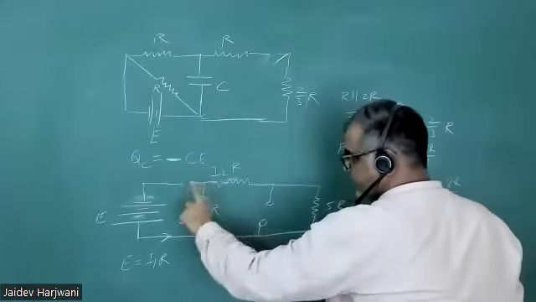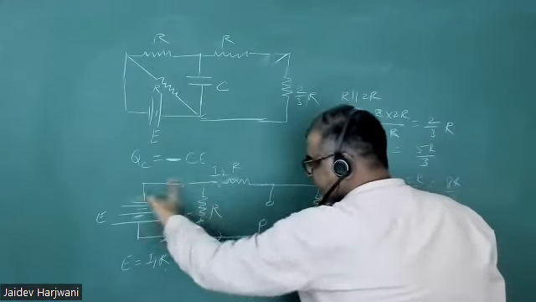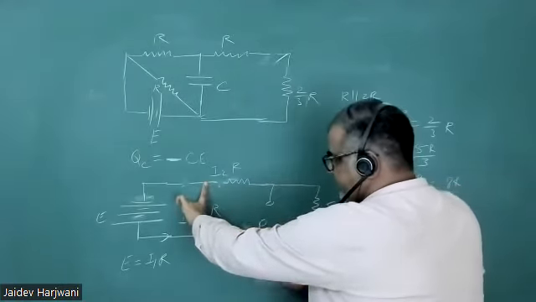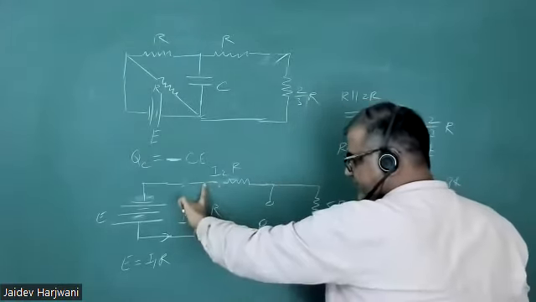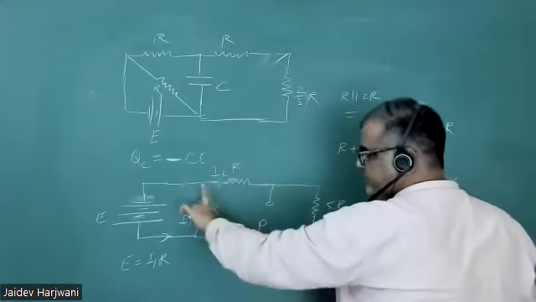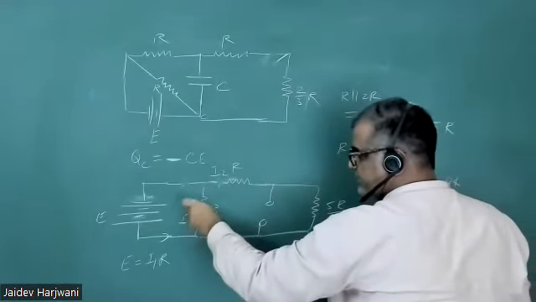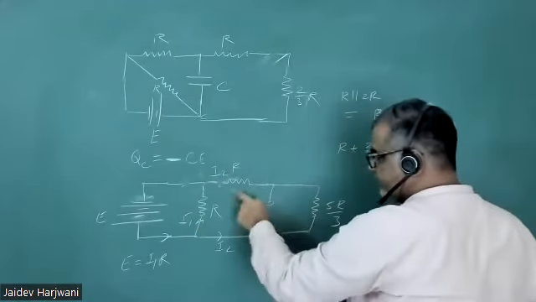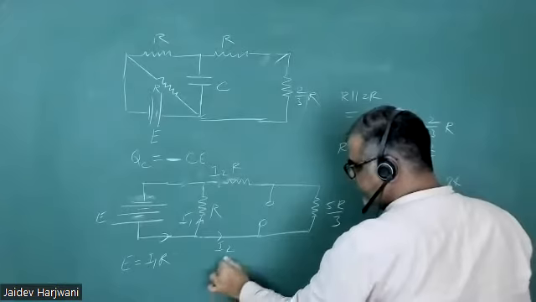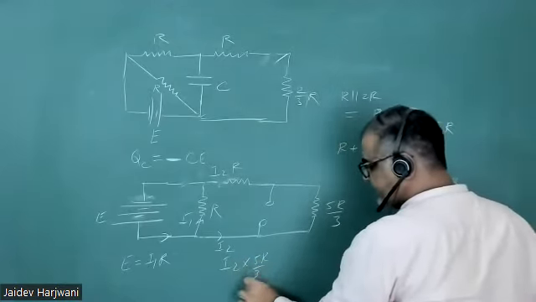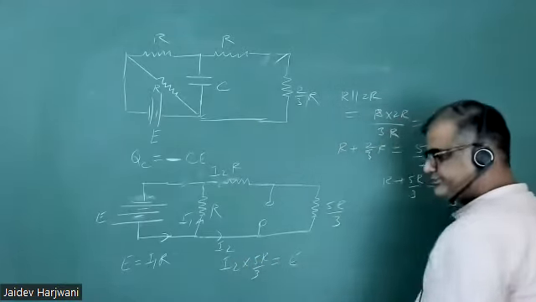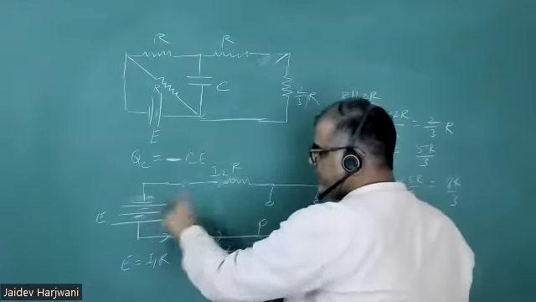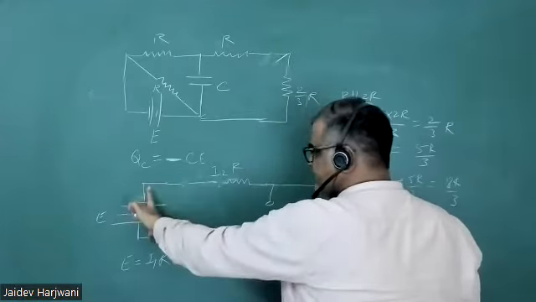If I write this is E, so this is E, this is E, this is E, and this E is fully here. Applying KVL, this voltage equals this voltage plus this voltage. So basically now this voltage is E itself, so both are equal to E, that is I2 into 5R/3 is your E. That's why I told you this resistance has no meaning, because the same voltage is coming here and the same voltage is coming here.